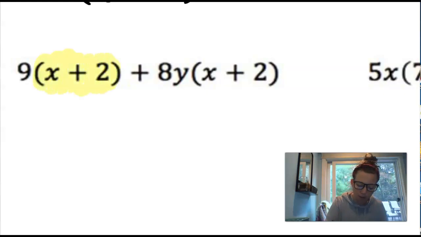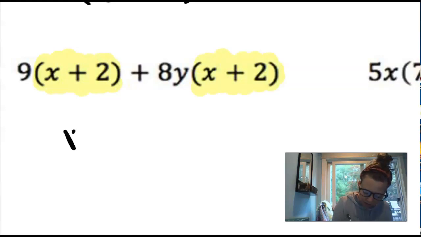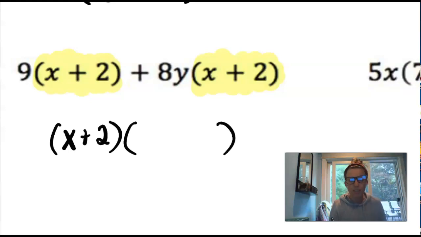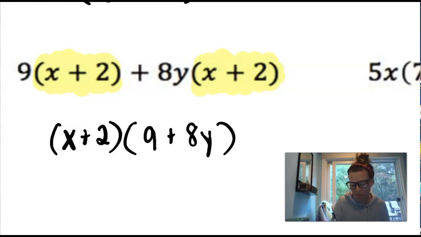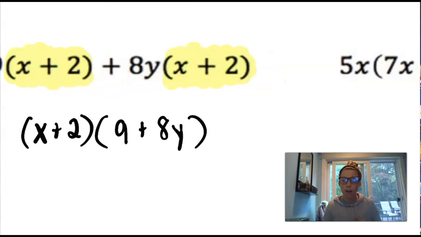So they both have x plus 2 in common, so we can take out x plus 2, and what's left in the first term is just the 9, and what's left in the second term is the 8y. And so we're going to use that method when we're factoring today.